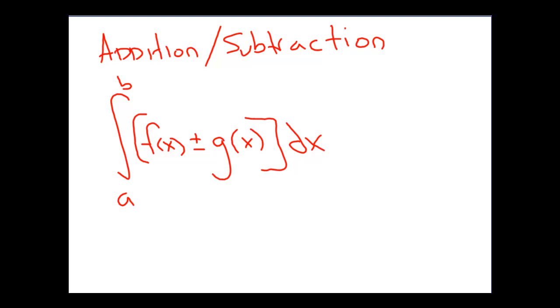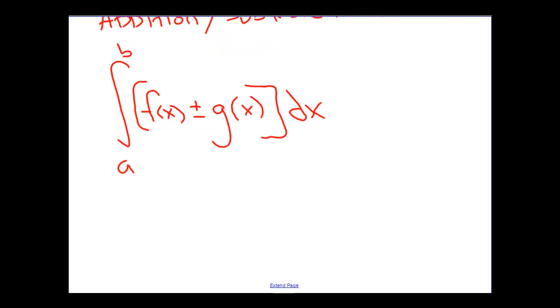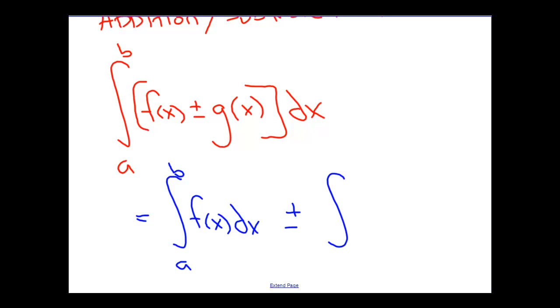We can make the same kind of claim. If I have a sum or a difference, we can break this up into two pieces. So this can be expressed now as the integral from a to b of f of x dx plus or minus the integral from a to b of g of x dx.